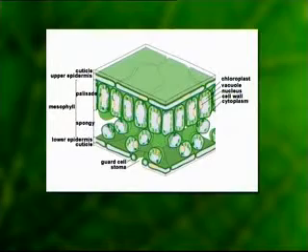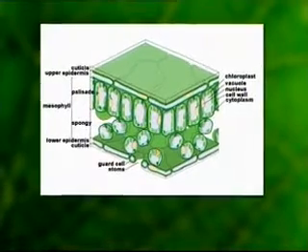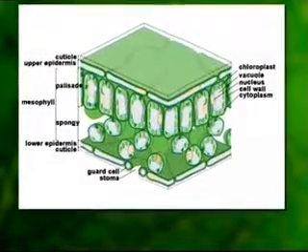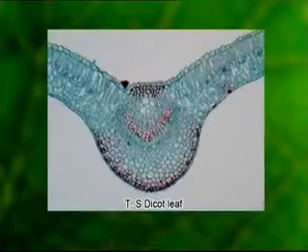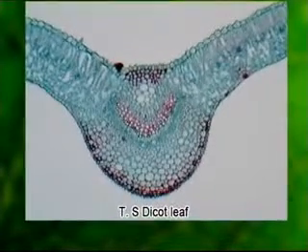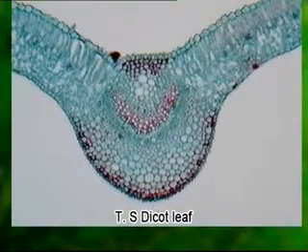Thus, more compact mesophyll means little lacuna, meaning less transpiration. Loose mesophyll means more intercellular spaces in the mesophyll, meaning more transpiration. Therefore, leaf internal structure is linked with the transpiration process.